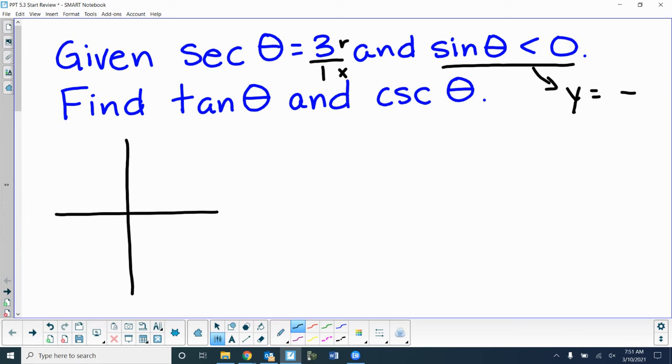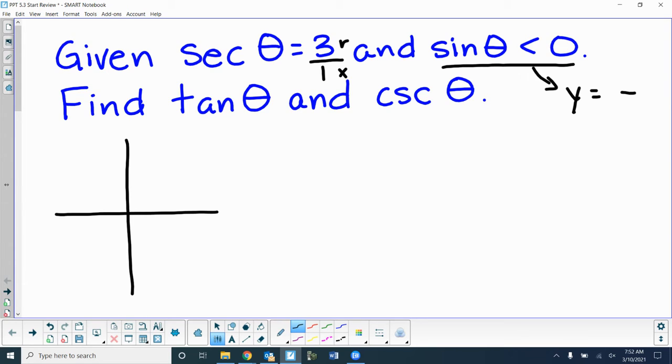If my secant is positive and my y has to be negative, is it the fourth? Because secant, remember, is the reciprocal of cosine, so it's still my x, right? Which quadrant are we in, 3 or 4? Why is it 4? Yeah, the x is positive and the y is negative.